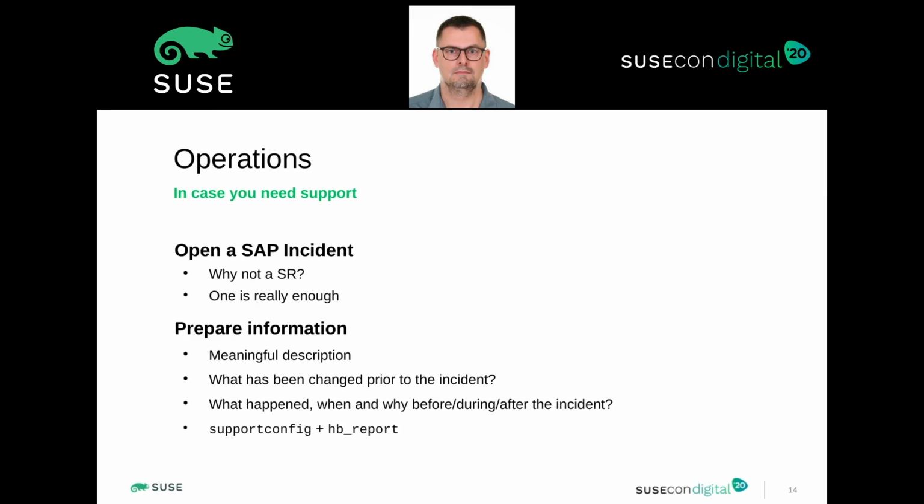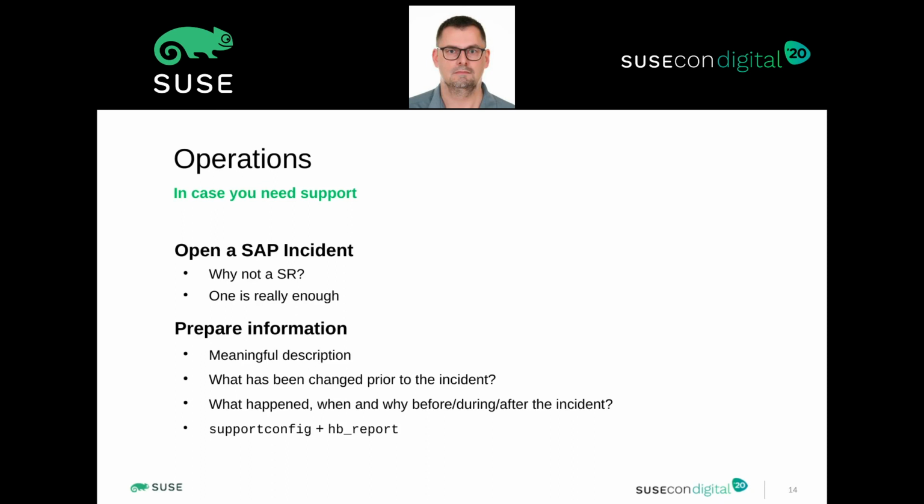This is not only a good idea if you are running SAP software, but also if you are running our HA solution with SAP. Because if it comes to our component, the supporters there are not only specially trained for SAP software, but they also know the HA solution very well.